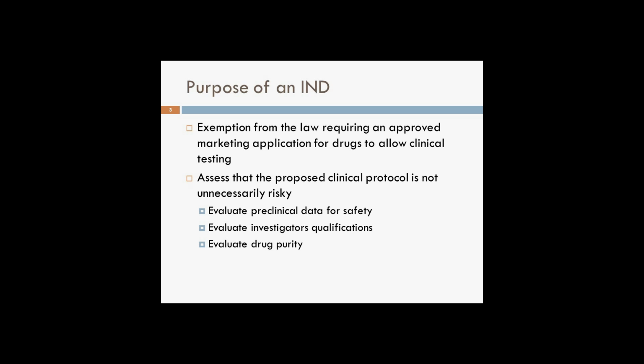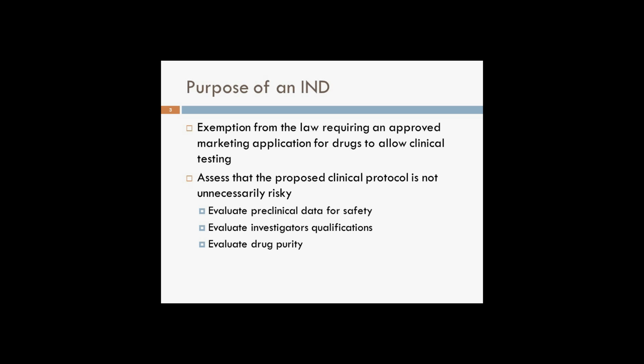What the FDA does is assess the proposed clinical protocol to make sure that it is not unnecessarily risky. The FDA doesn't review your protocol to really look at efficacy. They're not too worried about efficacy. They just want to know that they're protecting the population. That's your job to figure out the efficacy so we can license the drug.